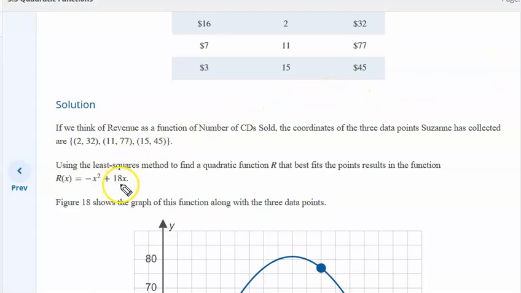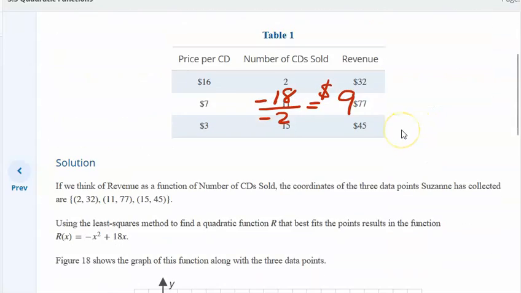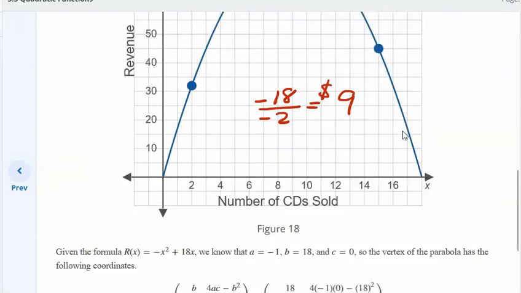Our b value is 18, so that'd be a negative 18 over 2a, which would be a negative 2. So it would be $9 would be our maximum for charging for this particular item. So $9 looks good.